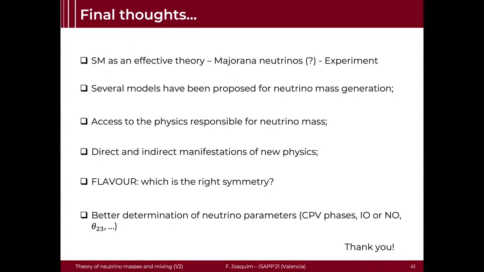Because if you take the integrating out method and work, as I told you, in the path integral formalism, you can also obtain the quantum corrections to the theory. We were only interested in the lowest order, the tree level case.